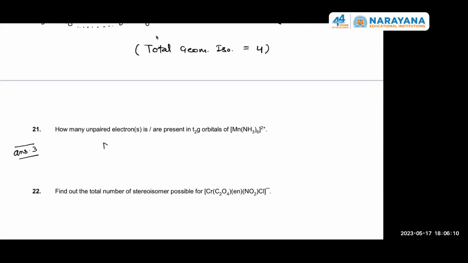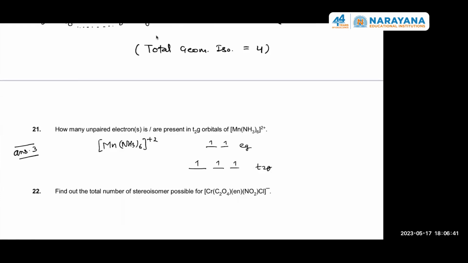Okay, in this situation, this is Mn(NH3)6 2+. Although it has a strong field ligand, in this situation pairing of the electrons experimentally does not take place. So t2g and eg will be filled in the general manner. So we will have 5 unpaired electrons over here. t2g will have 3 and eg will have 2.